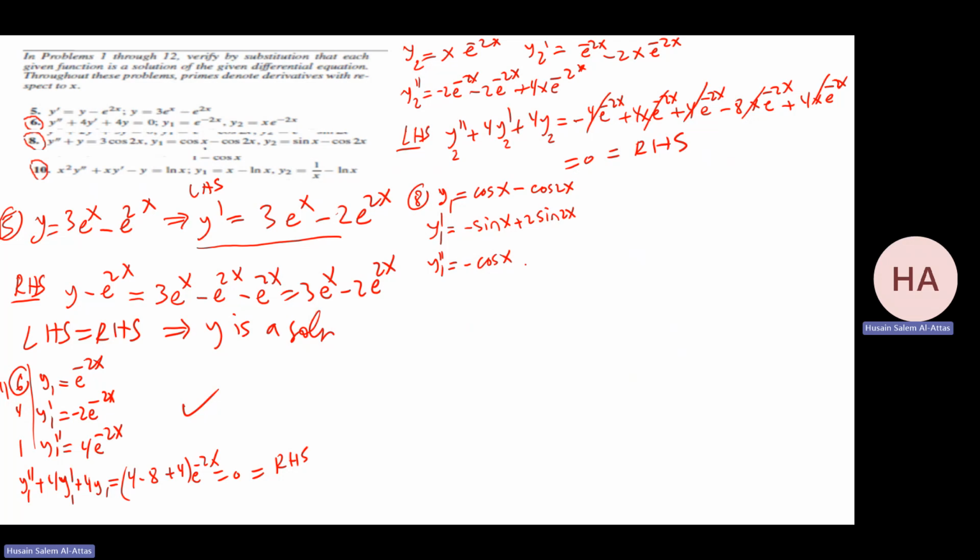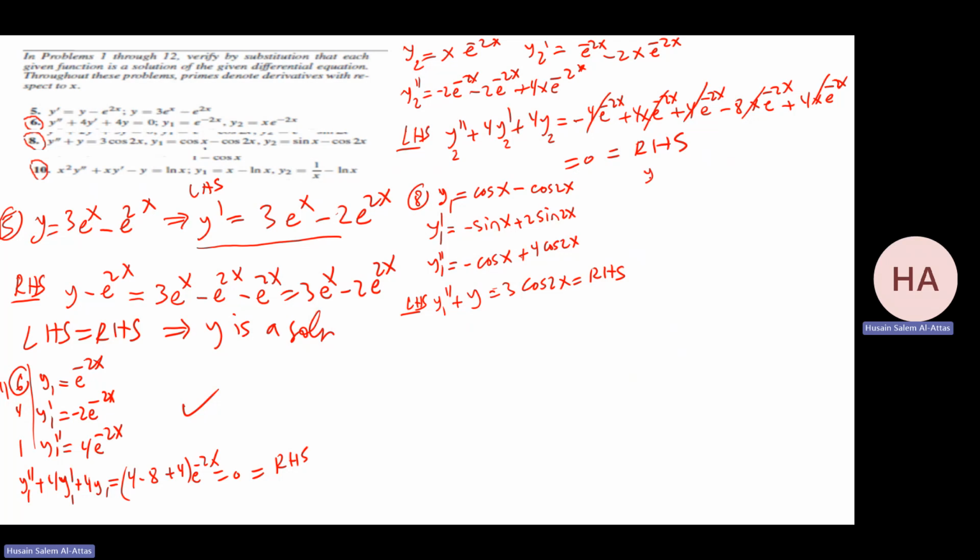It's good that you remember. It's kind of a review of what we did with the derivative formulas. So check the left-hand side, y1 double prime plus y. This plus this cancels, I have 3 cosine 2x, which is the right-hand side.